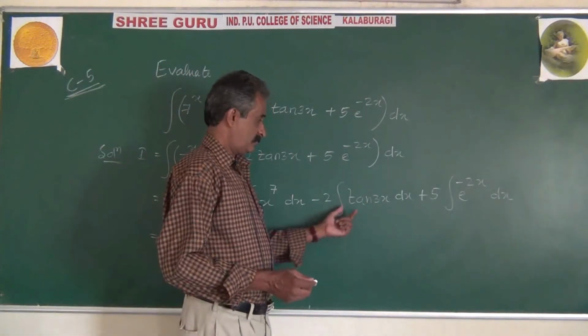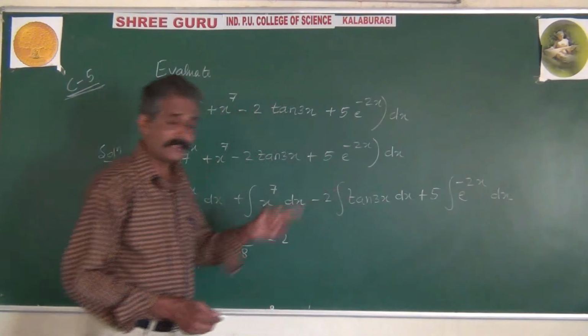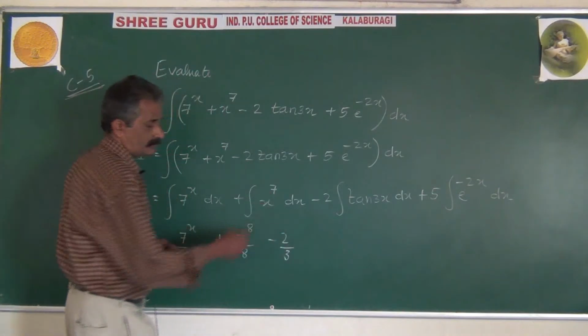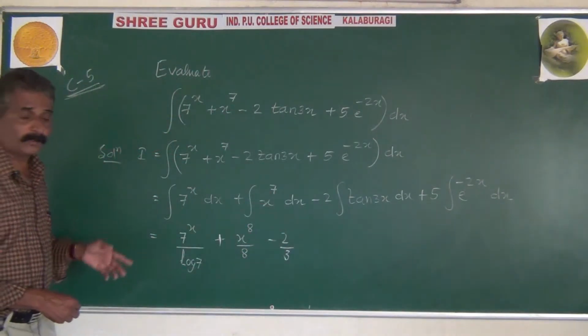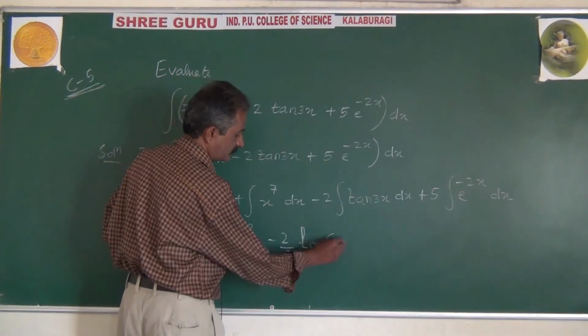See the formula. What is integration of tan x? Log of secant x. But there is a coefficient of 3 with x, so we should divide by it. So, more precisely, 2 by 3 log secant of 3x.